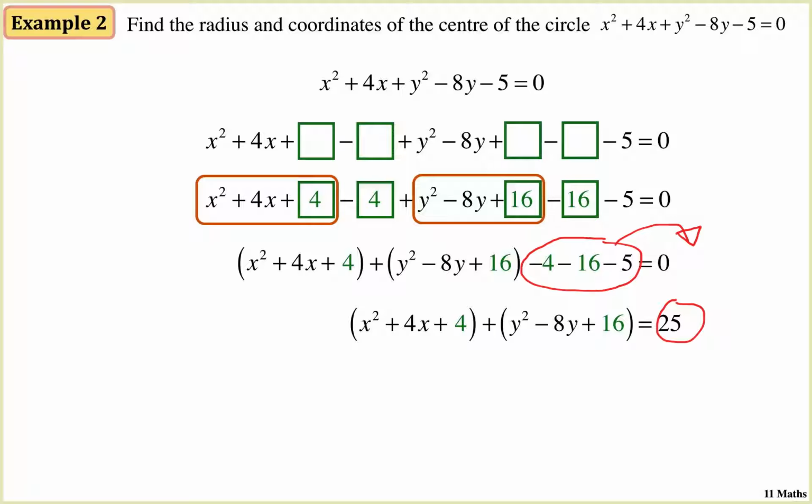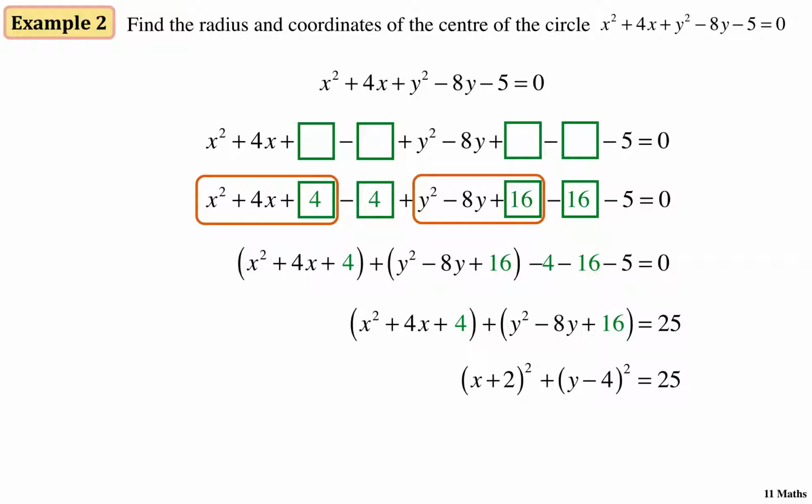Now let's focus on these brackets. The first bracket: half of plus 4 is plus 2, so it'll become (x plus 2) squared. Half of minus 8 is minus 4, so it'll become (y take 4) squared. So we end up with (x plus 2) squared plus (y take 4) squared equals 25.